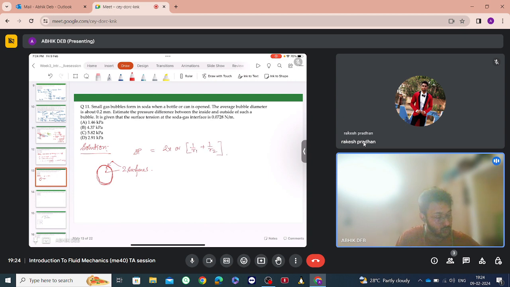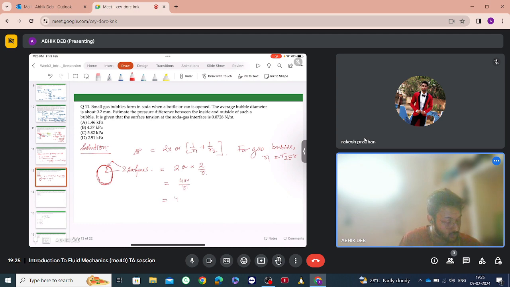So for a gas bubble, r1 is equal to r2, so this becomes 2 sigma into 2 by r, that is the radius, or 4 sigma by r.